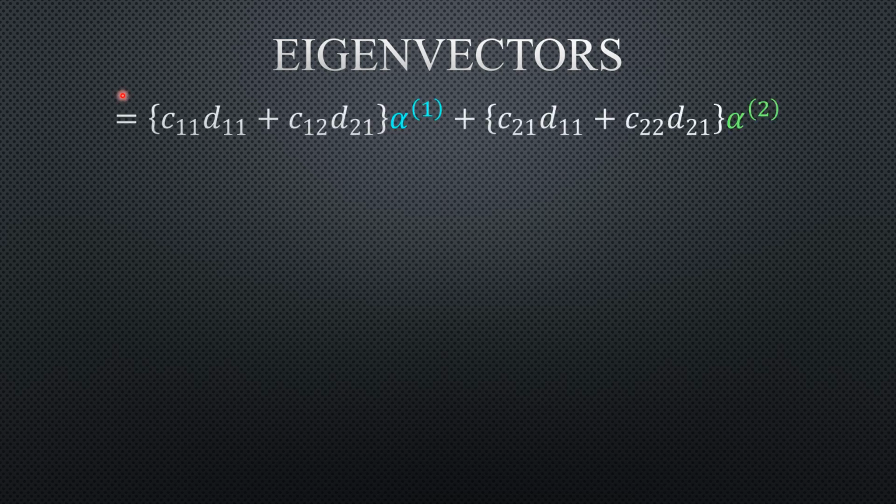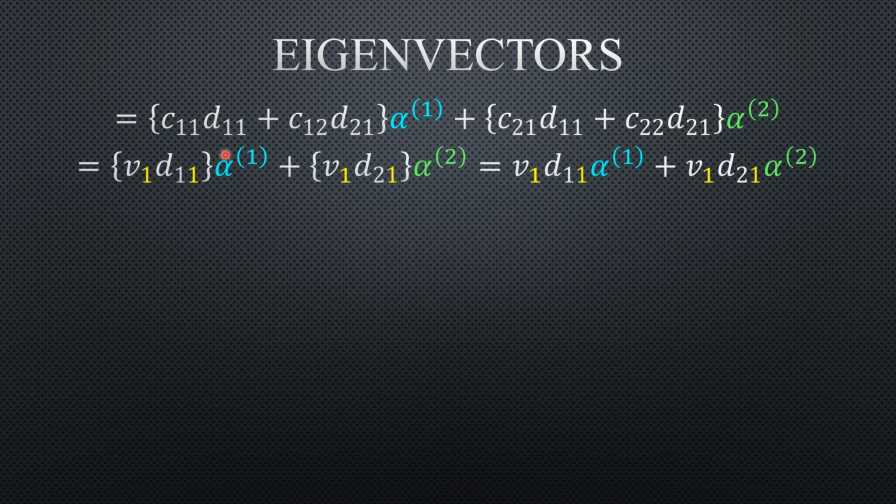So continuing on, we go ahead, switch out all the component-wise multiplications, since we can do that, they are commutative. And then we see from that second line, first matrix result, we get V1 D11, V1 D21, acting on the vectors respectively. We'll go ahead and distribute it, so get rid of the curly brackets.